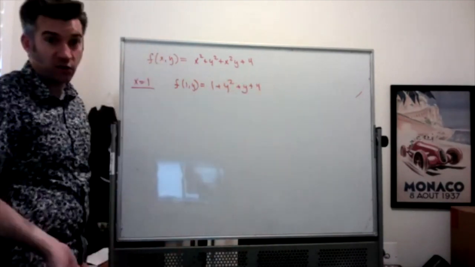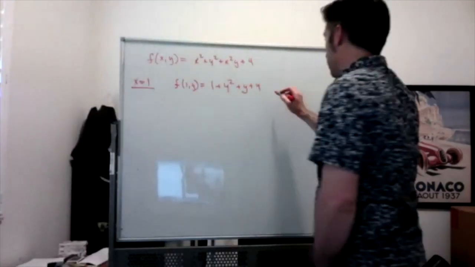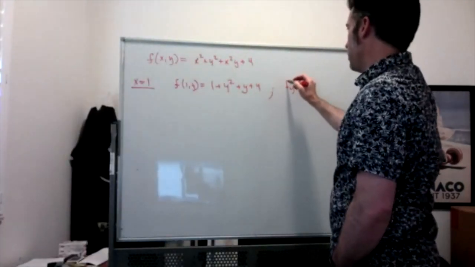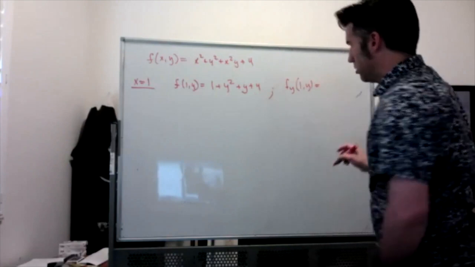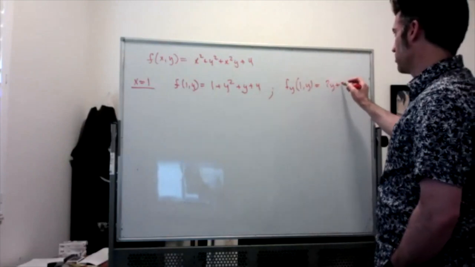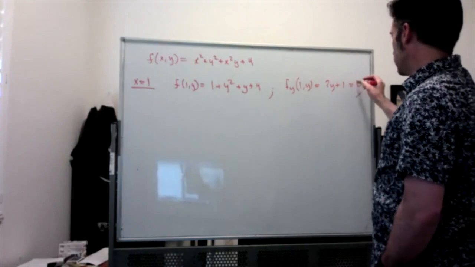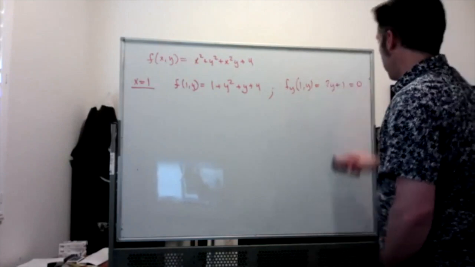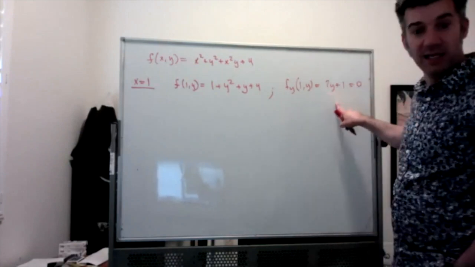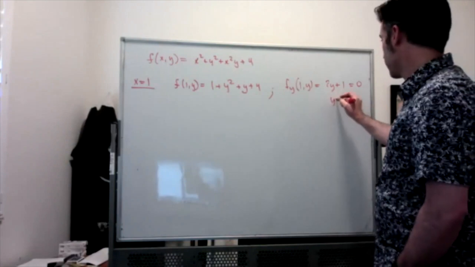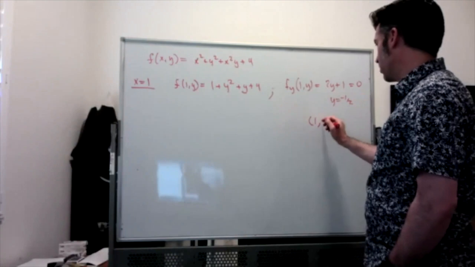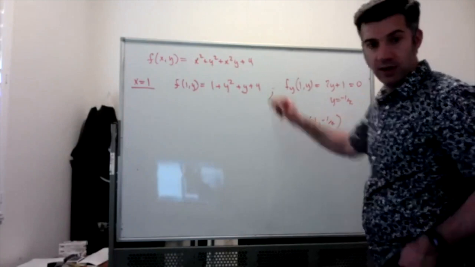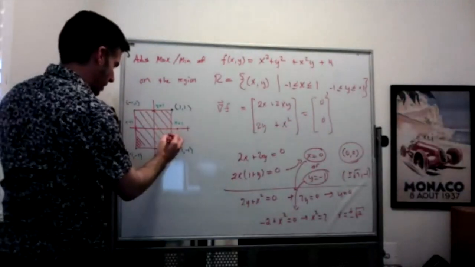And then I'm going to find the derivative of that with respect to y. f_y of (1, y) is going to equal 2y plus 1. Set that equal to 0, and you get the critical point where y is going to equal negative 1/2. So on that wall, x is 1, y is negative 1/2. So there's another point we have to check.